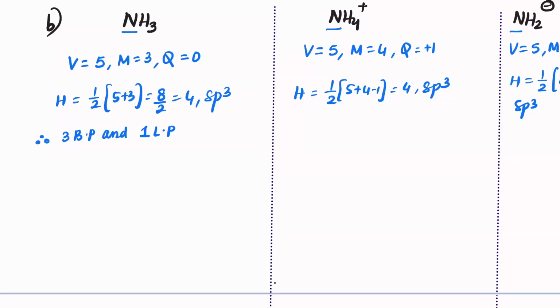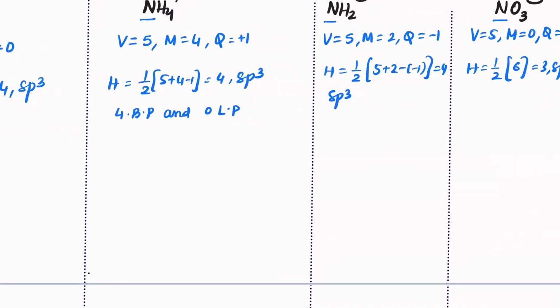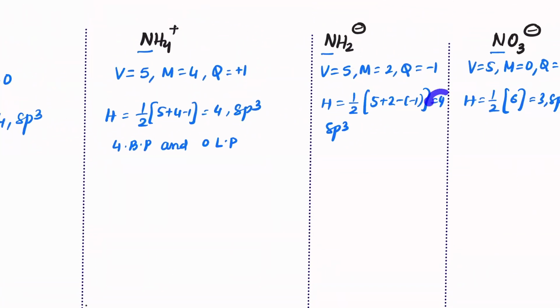This is a conclusion you need to make. Check out. Same is the case here. We have 4 and 4 here. So what I can say, there are 4 bond pairs and 0 lone pairs. Come to this side also. sp3. Now notice this, we have 4 but only 2 connections, which means we have how many? 2 bond pairs and 2 lone pairs.